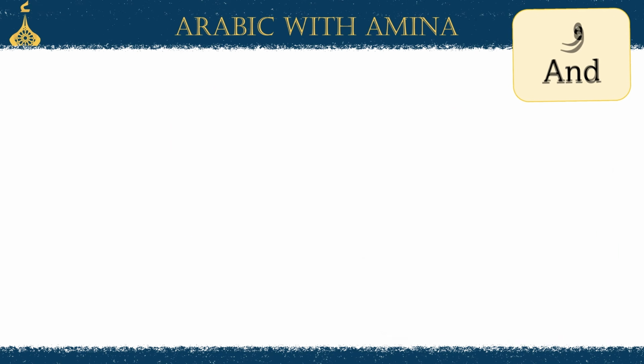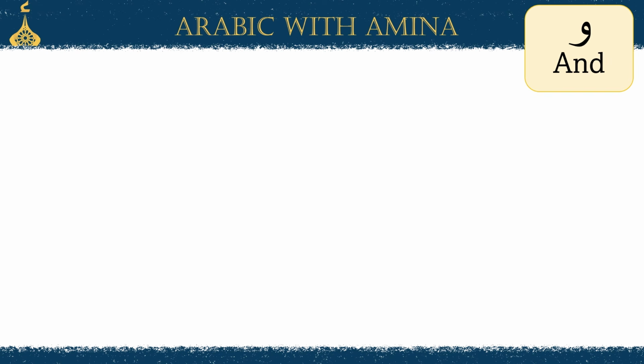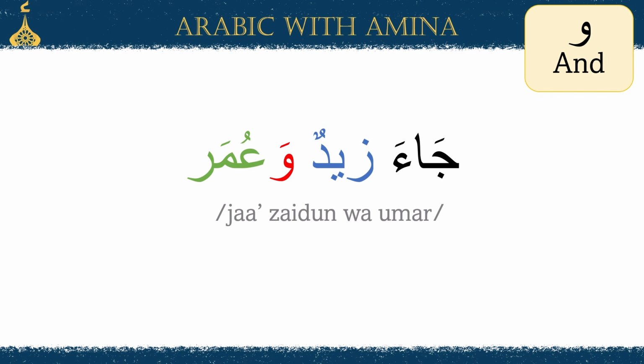Starting off with wa, which means and. جاء زيد وعمر. Zaid and Omar came. The meaning of wow is pretty obvious. It means and.